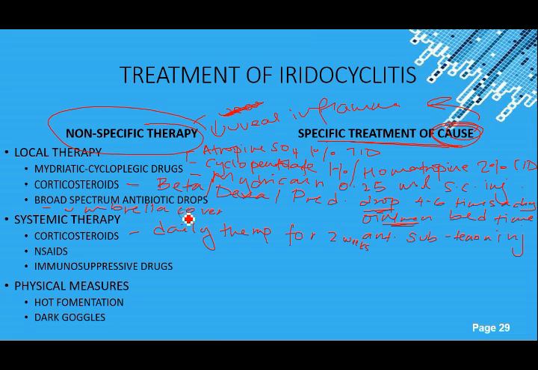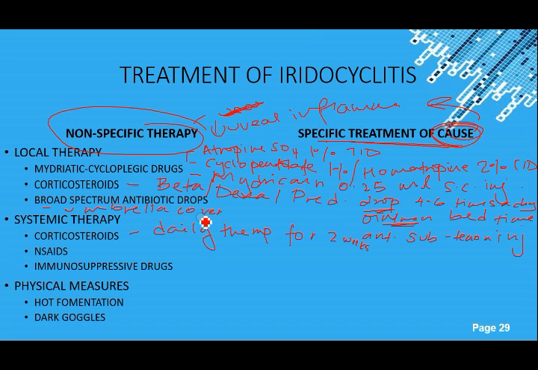But alternate day regimen is also fine. Let's say if your disease is not in the acute stage, you can go for alternate day, and after that slowly decrease the dose after 1 week, and then taper it completely after about 6 weeks.